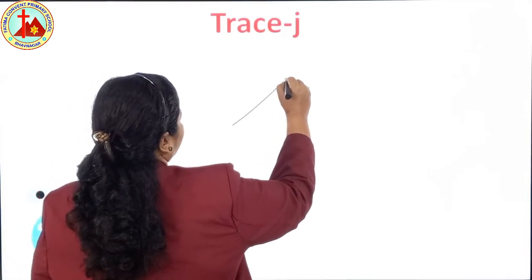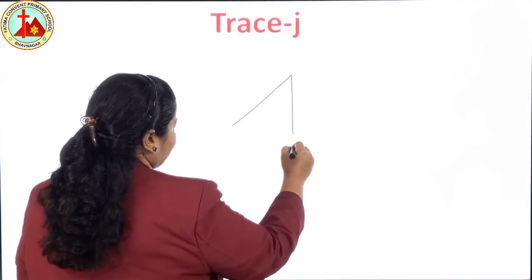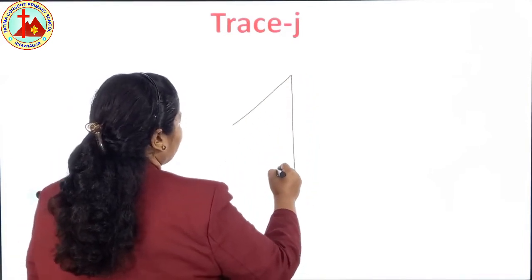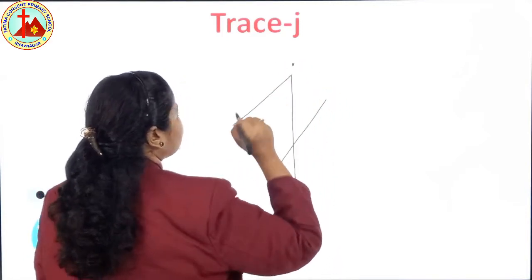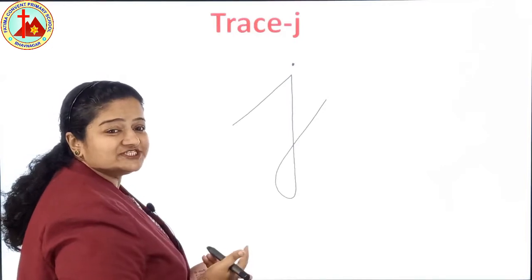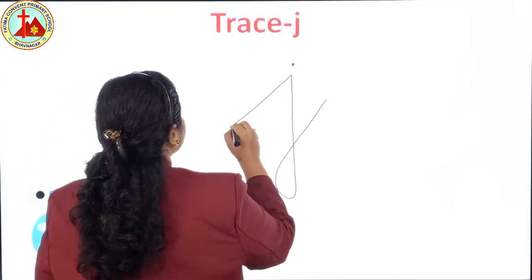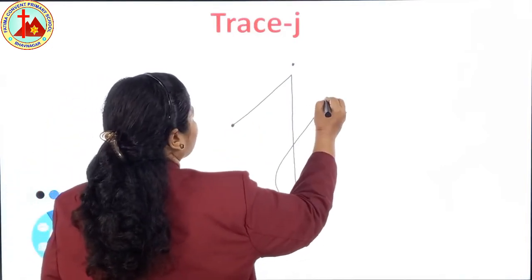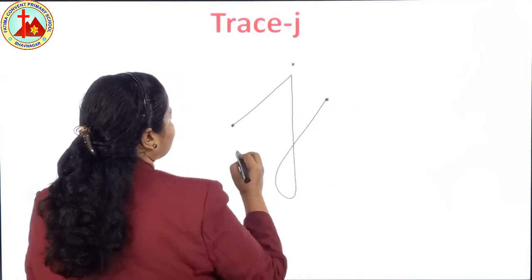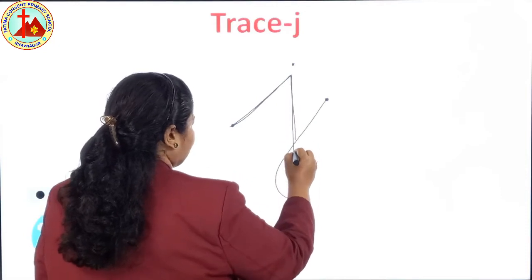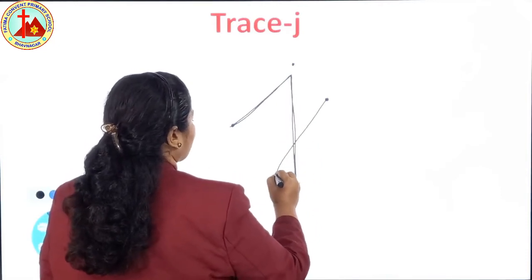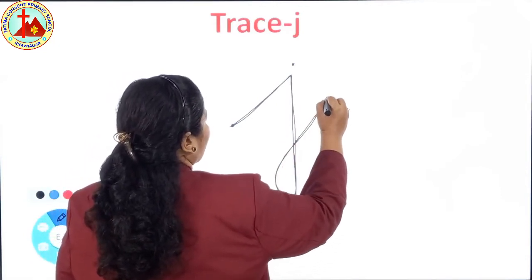Slanting line, standing line, take a small loop, go out, last put dot. This is letter J. J says J. You have to start from here and you have to end here. Again, slanting line, standing line, take a small loop, go out.